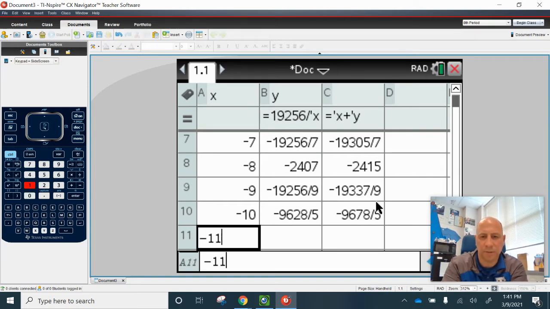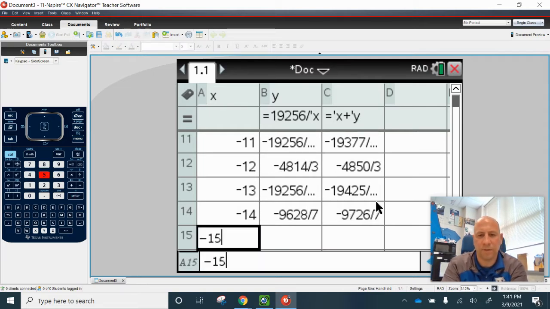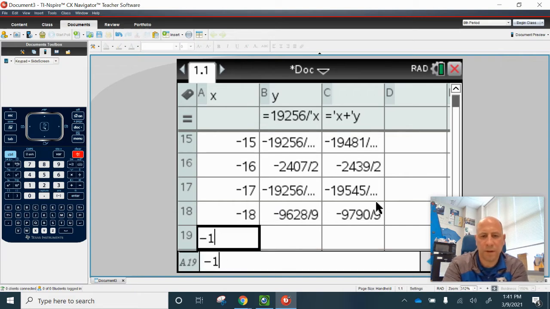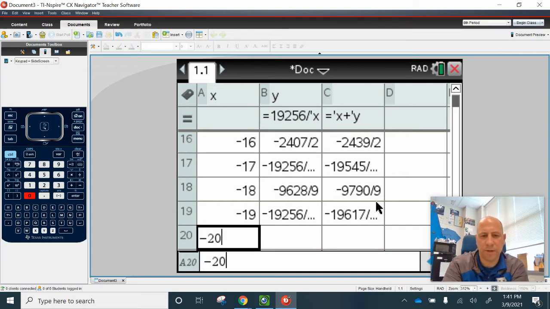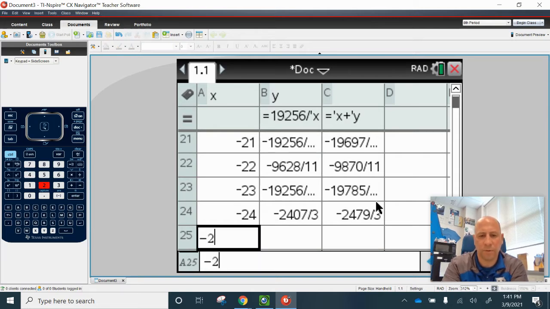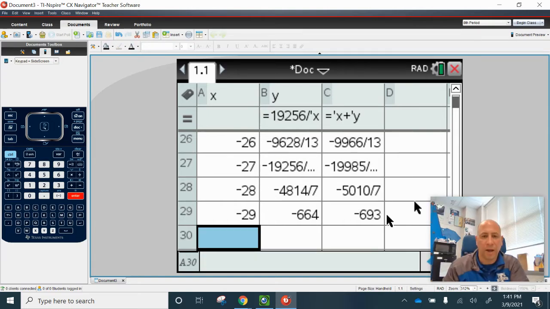Negative 10 through negative 28, negative 29. Now we're at negative 29 and we're at negative 693. So we know we're getting closer.